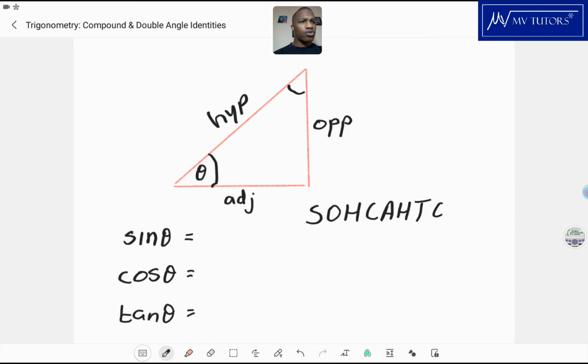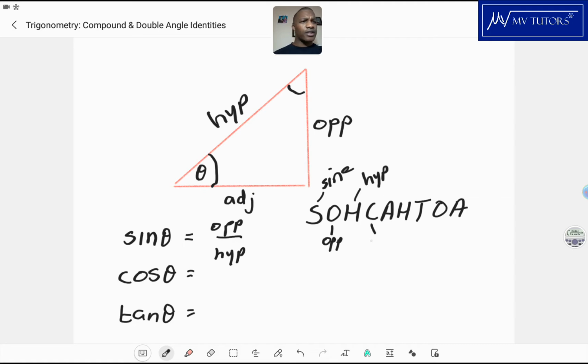It's a weird word, so it makes it easier to remember because it's weird. So this S stands for sine, and then this stands for opposite over hypotenuse.